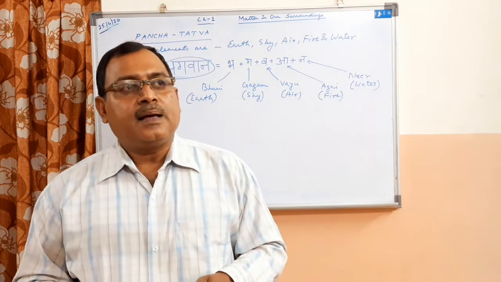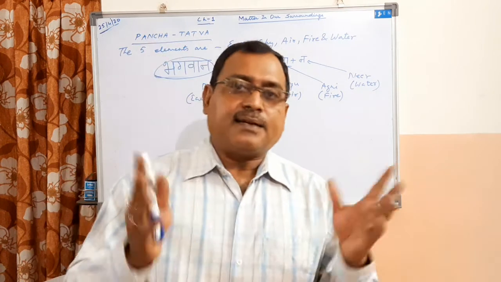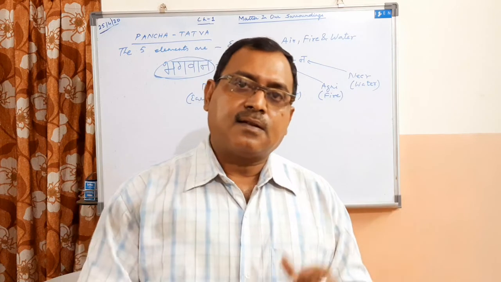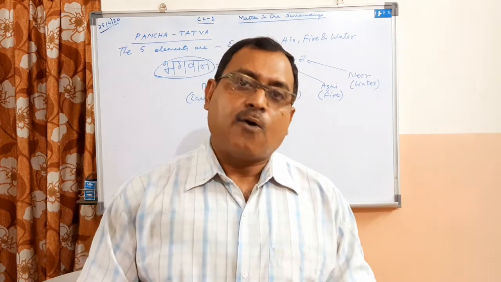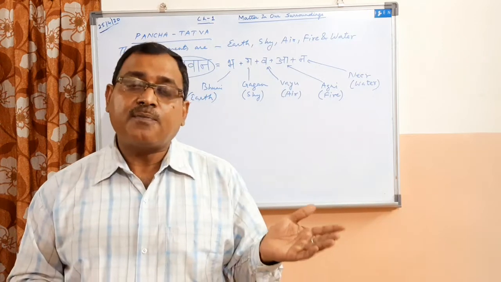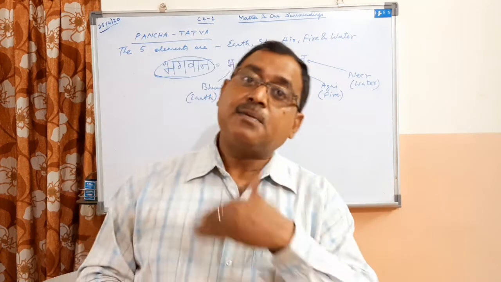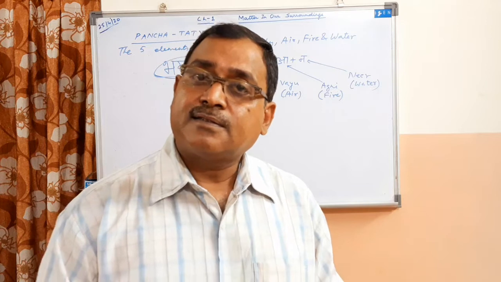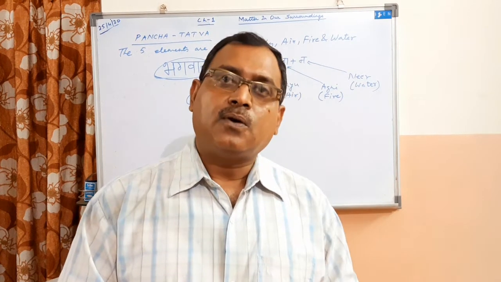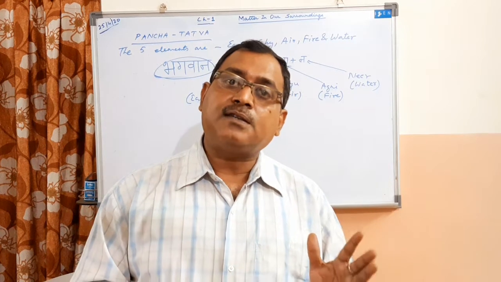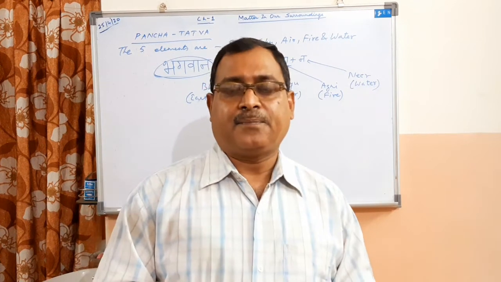Now, matter and its nature has been divided into 2 categories. One is the physical nature of matter, another is the chemical aspect of matter. So in this chapter particularly, we are going through the physical properties of matter. Clear?